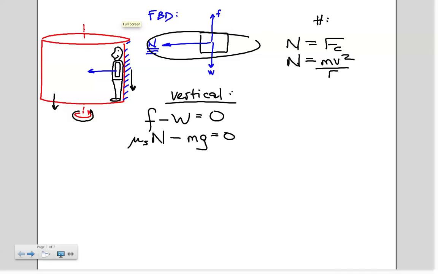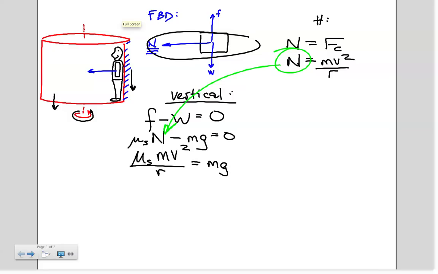Now, of course, as in many of these problems, we see there's an opportunity to substitute that expression for normal force. I'm going to bring the mg term to the other side in the same step that I substitute. So I'm going to get mu static times mv squared over r is equal to mg.